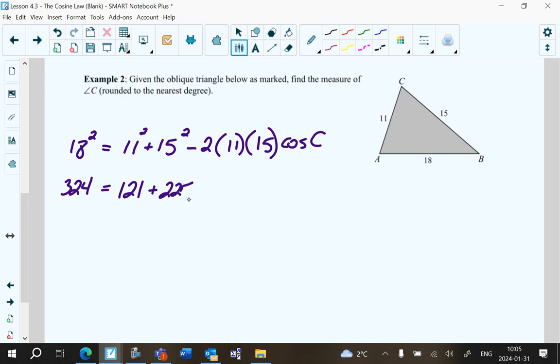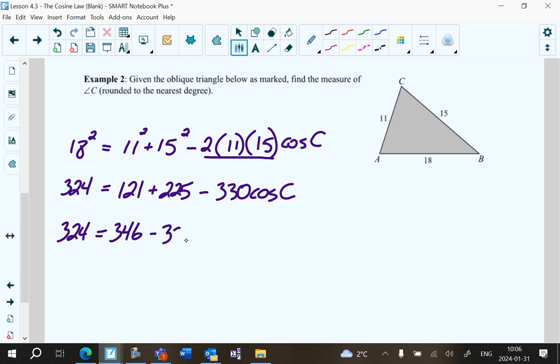And I could multiply all these into a single number: 2 times 11 times 15, minus 330. And don't forget there's still a times cos C beside it. We could add these two together, 121 and 225, which gives us 346.